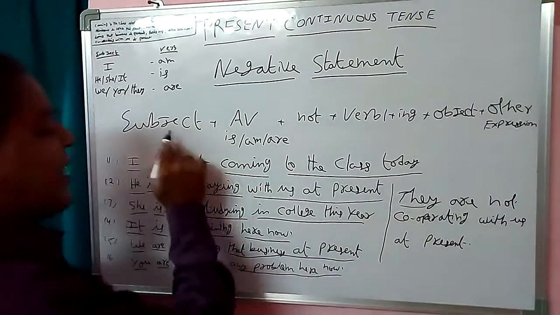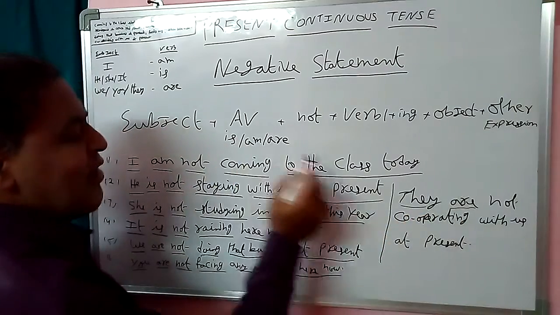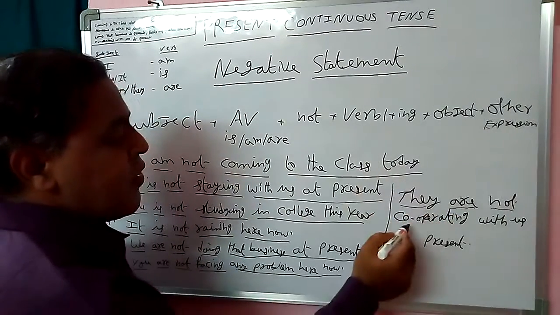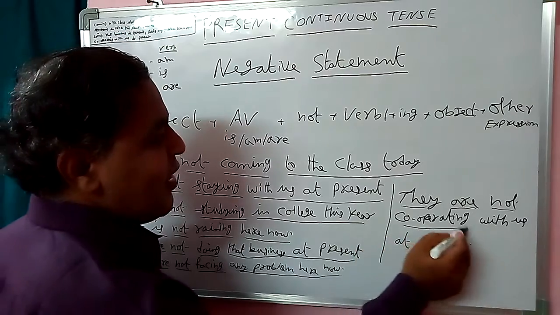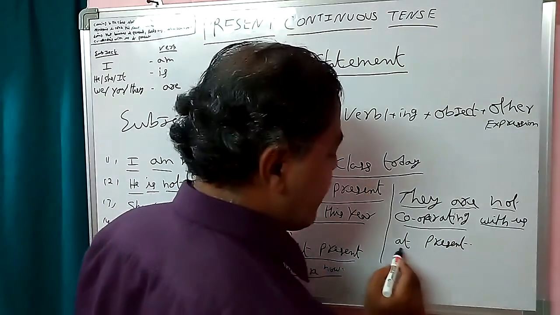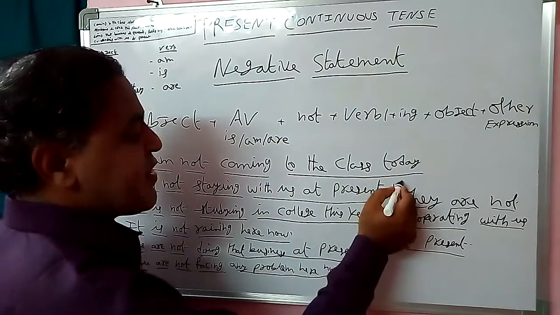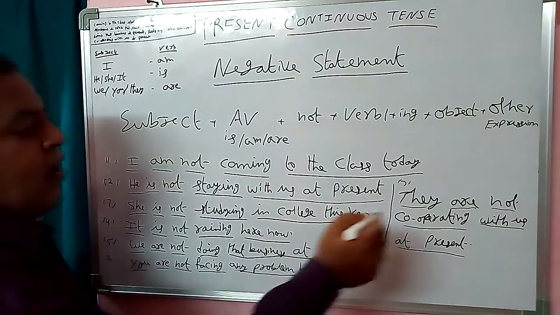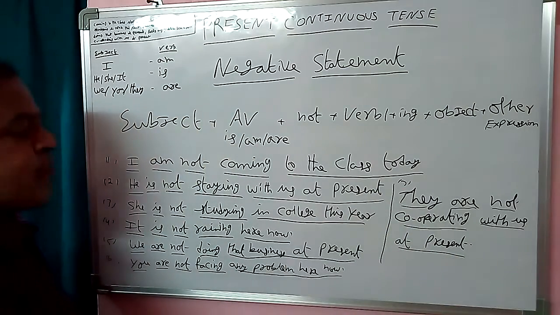They, subject, are, auxiliary verb, not, cooperating, verb 1 plus ing, with us at present, object and other expression. They are not cooperating with us at present.